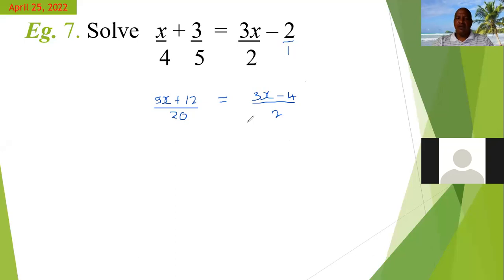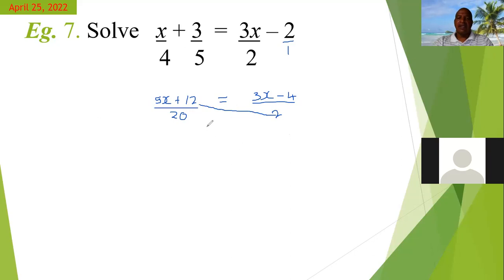Now, to solve this, we use a method that we call cross multiplying. The denominator on the right-hand side, we cross it and use it to multiply the numerator on the left-hand side. We call that cross multiplication.